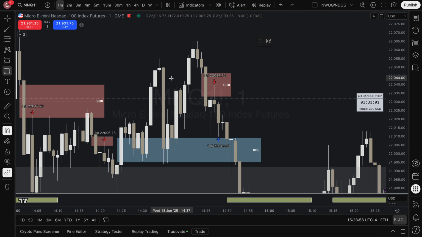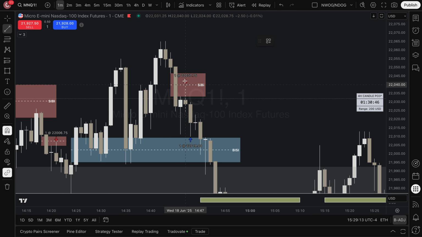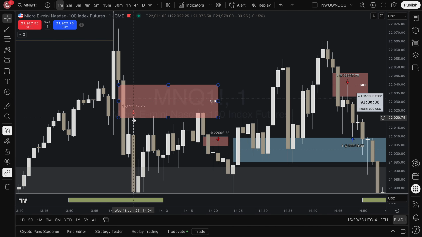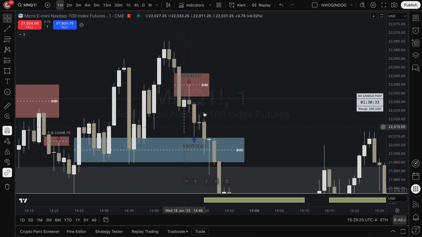So I waited to see what happened. We had a big down close candle. These 3 candles closed down. Created this BISI, right? Where'd I enter at? Ideally, you enter at the bottom, like I said, because it could just come up and then sell off immediately.